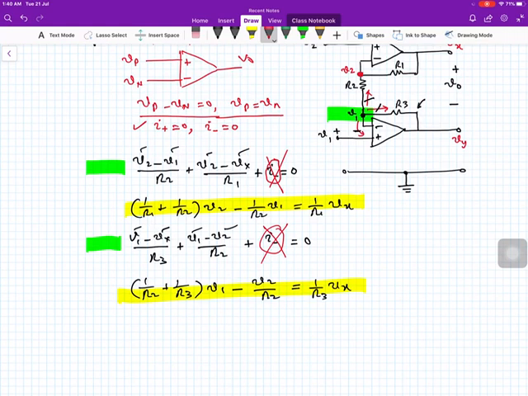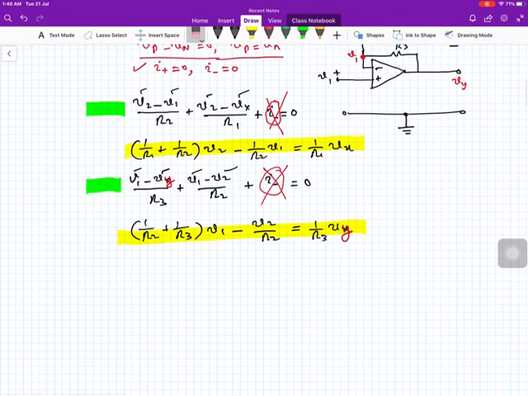This is V1 minus Vy over here, and this should be Vy over here, as I am writing the equation at this node. This is Vy. So this is now okay.